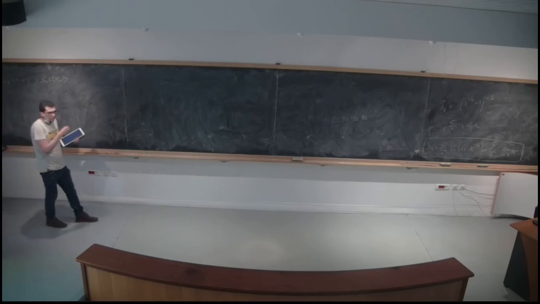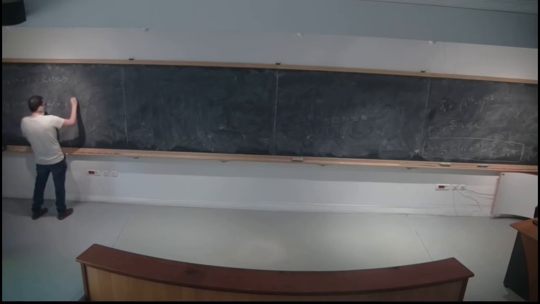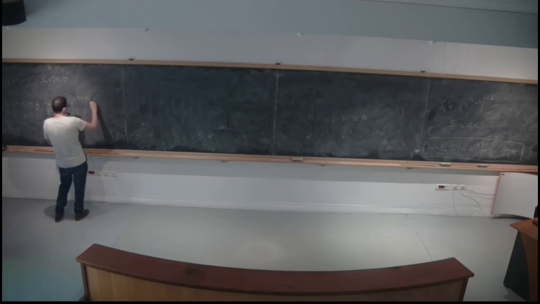But we calculated this object before in momentum space, right? If you look at your notes, we calculated this. This was equal to 1/2 delta k k prime plus 1/2 epsilon k, at t equals 0.